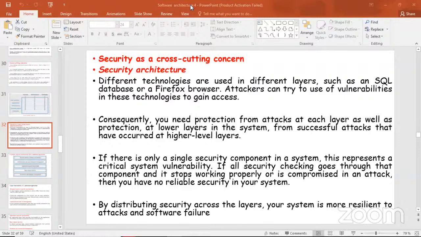By distributing security across layers, your system is more resilient to attack and software failure. But remember that once security is distributed across all these platforms, make sure that the only place that a user can authenticate, the authentication for a genuine user is still made as simple as possible.